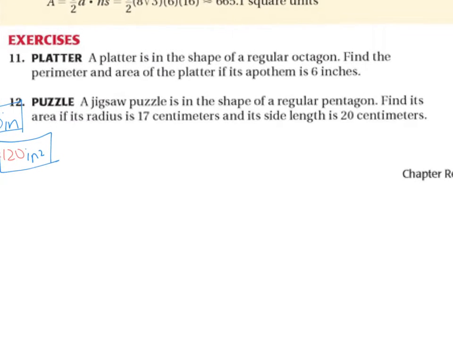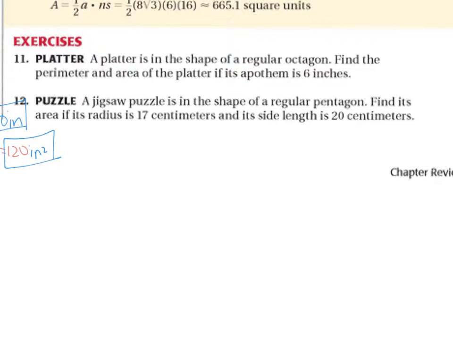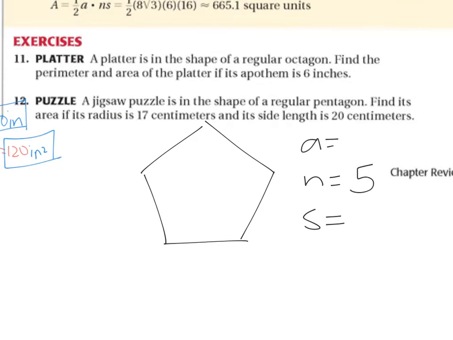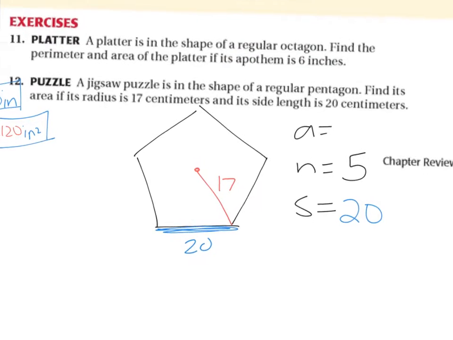Okay, so 12, a jigsaw puzzle is in the shape of a regular pentagon. How many sides does a pentagon have? Find the area if its radius is 17 centimeters, so this is 17, and its side length is 20. So this whole thing is 20.